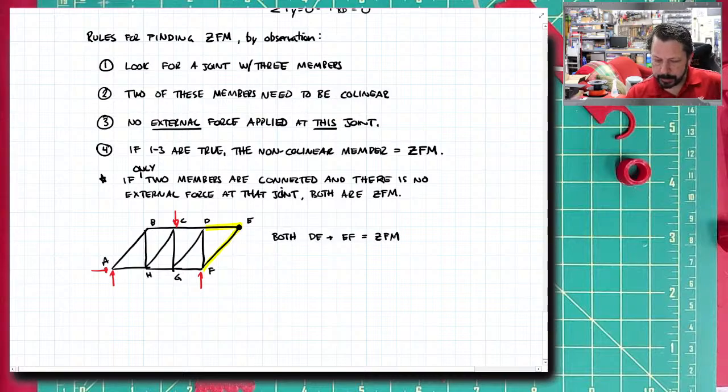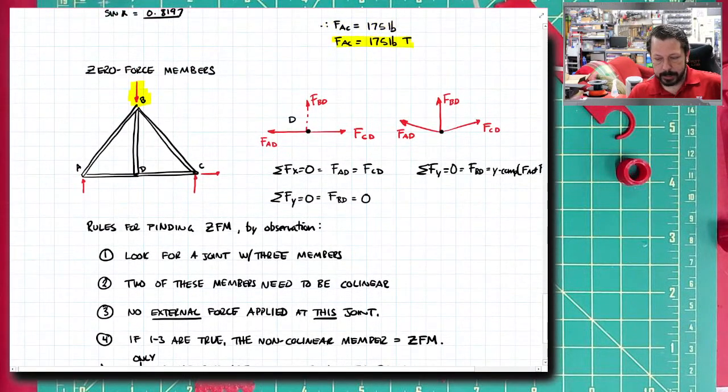Now, these zero force members, for one thing, it's not like they're completely useless, because if the truss does deform, like we did in this picture, then they do carry a load. A lot of times when we're analyzing it, we're looking at everything perfectly rigid and not deforming. But they do carry a load when things are deformed.